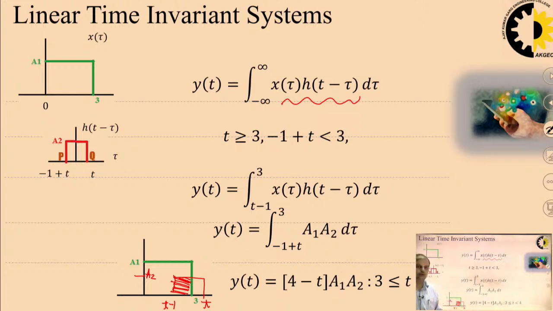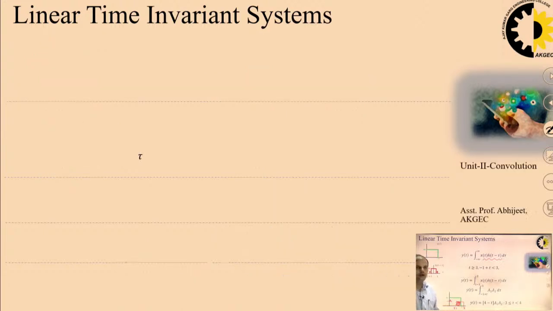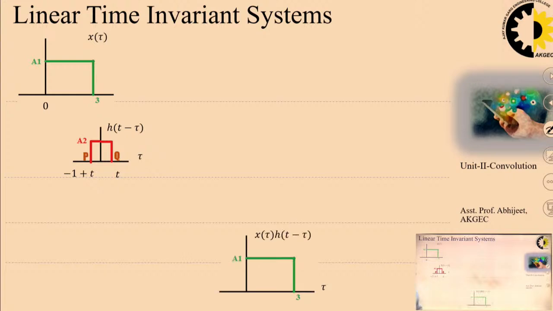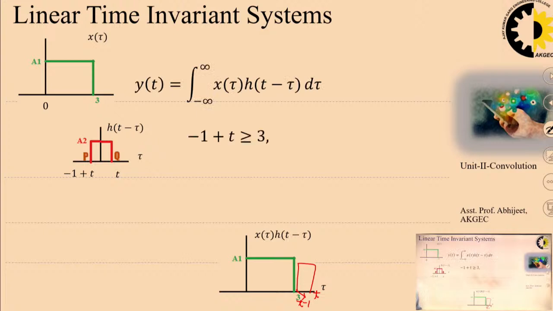What happens when t is beyond 4? Now you can very easily understand that when t minus 1 moves ahead of 3, if my x of tau is this and my h of tau is this, then this means that t is greater than or equal to 4.